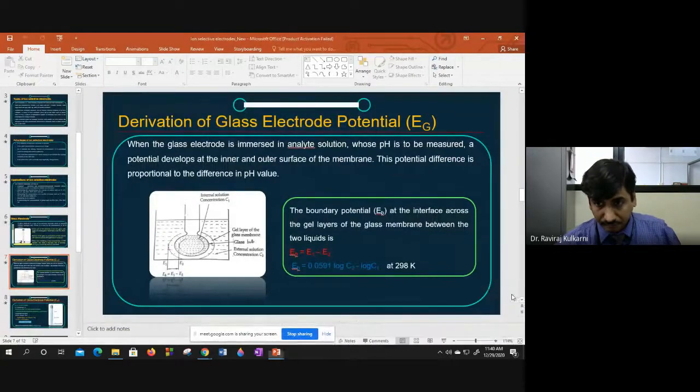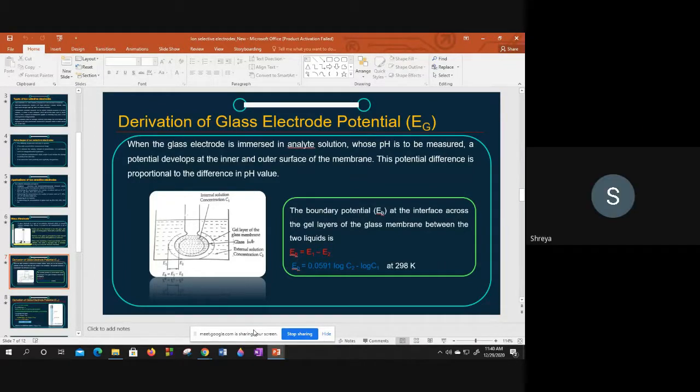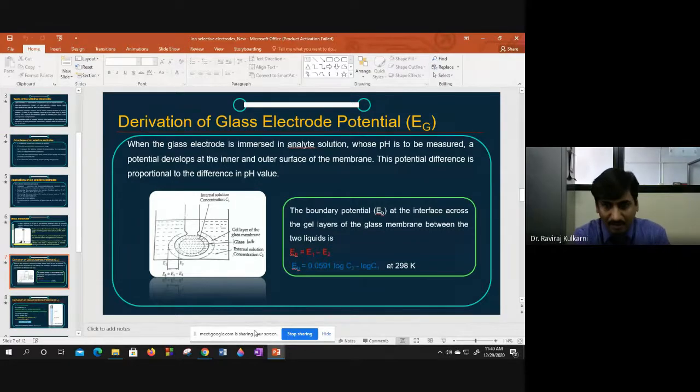Do you know what ion selective electrodes are? They respond to specific ions in a solution. Right. Ion selective electrodes selectively respond to certain specific ions in a mixture of ions, and they develop a potential with respect to the ions of interest, and the developed potential is directly proportional to the concentration of ions of interest.